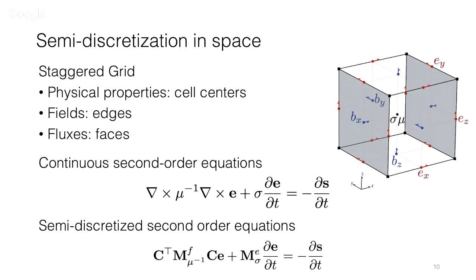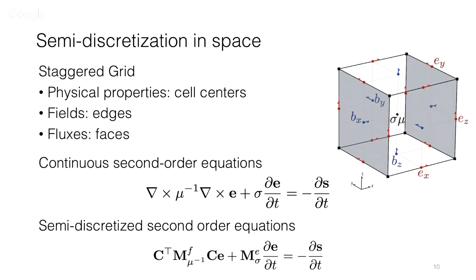And then we can write the discrete system of equations right here with matrices and vectors that actually look kind of like this. This curl is like a C transpose, mu inverse corresponds to that, and this curl corresponds to that.